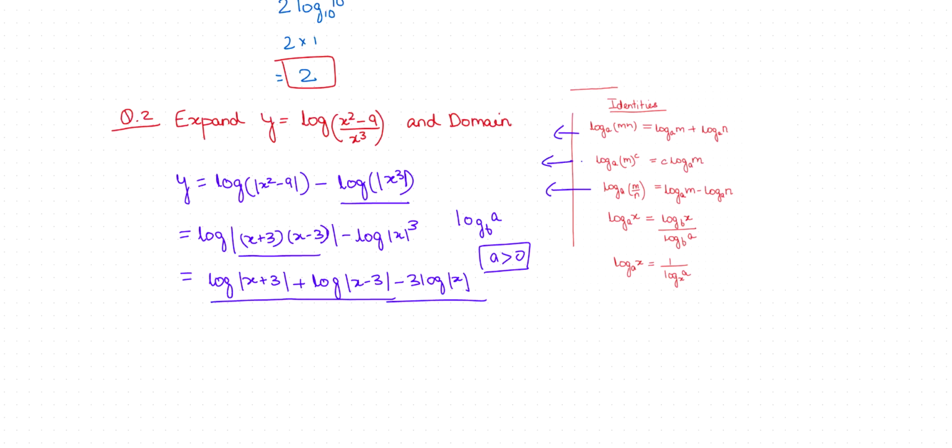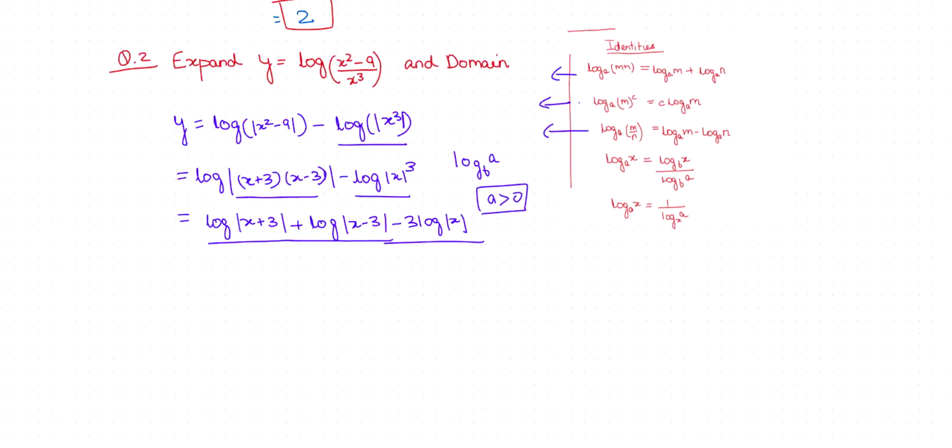Now let's find the domain. To find the domain, we have to find the critical points at which this either becomes 0 or undefined. We know that the argument has to be greater than 0. So it means x square minus 9 over x cube has to be greater than 0.